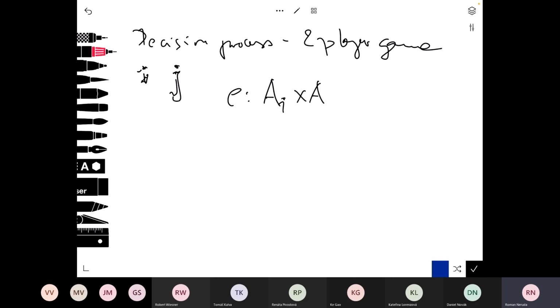That's the usual in many algorithms where you want to describe some kind of communication of two people. You have Alice and Bob, like A and B agents communicating with each other.